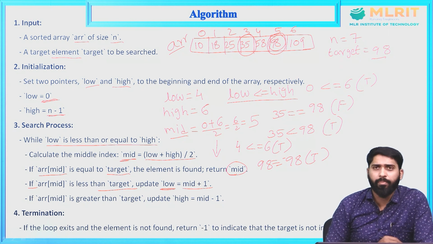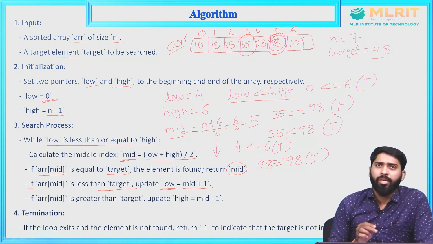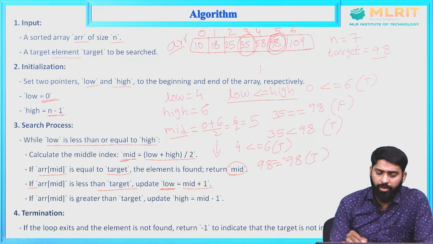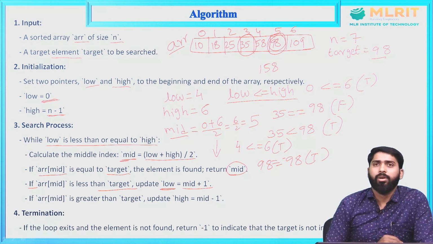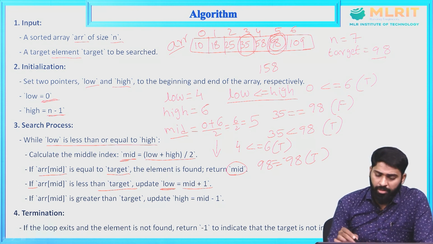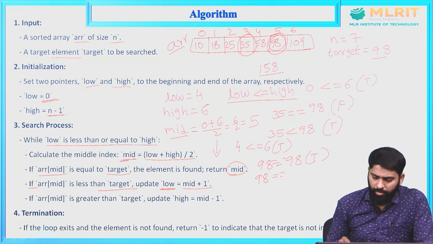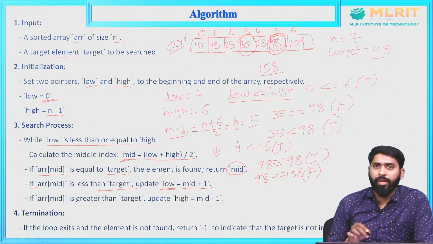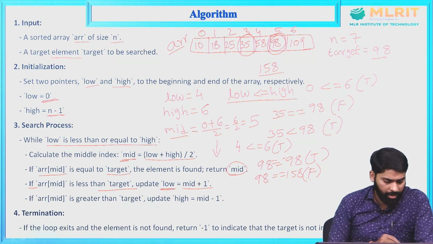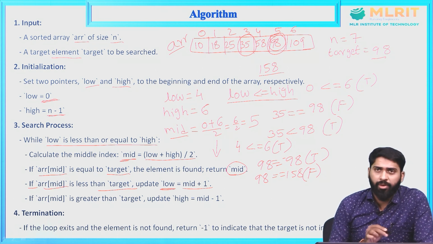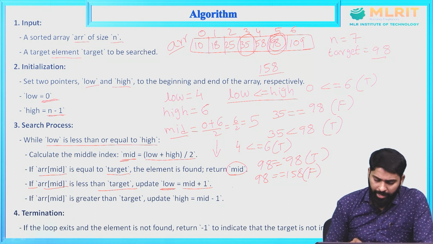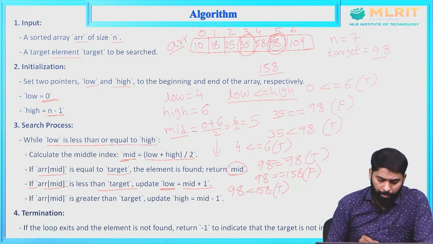Now let us assume the target element is 158. In this case, 98 equals 158 will be false. Then again check the condition: A of mid, what is A of mid now? 98 is less than 158. Yes, it is true. So update low with mid plus 1.